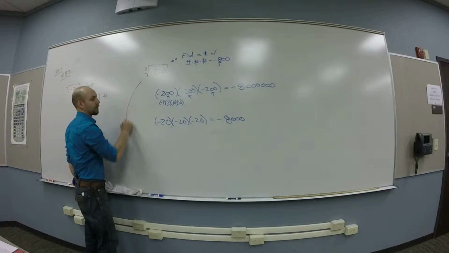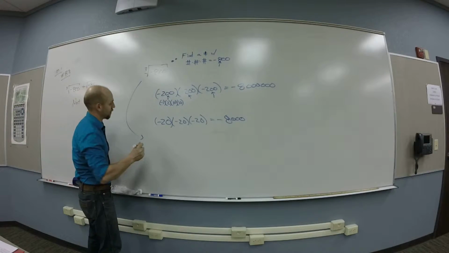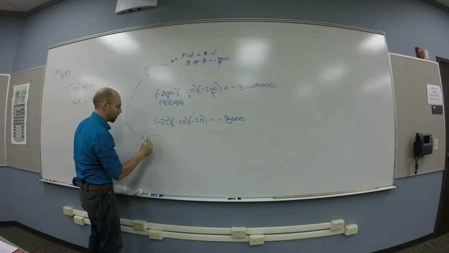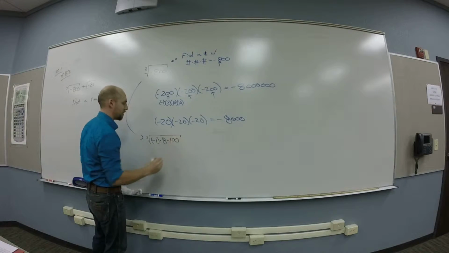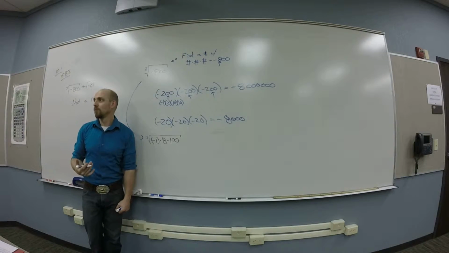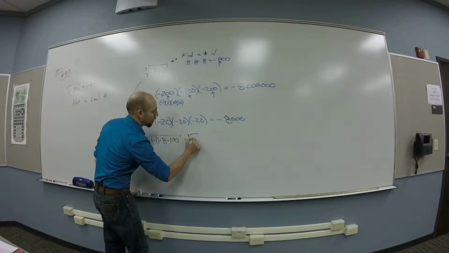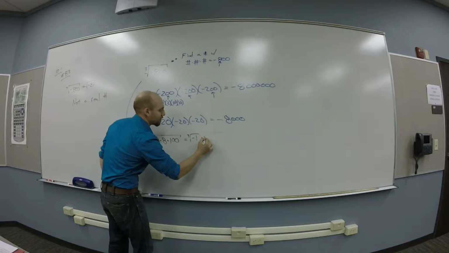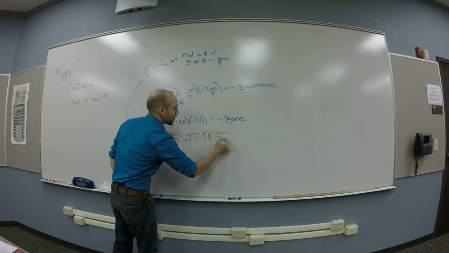So here we might think about this guy as the cube root of negative 1 times 8 times 100, right? And then there's a similar rule to the one that we used for square roots that says this is the cube root of negative 1 times the cube root of 8 times the cube root of 100.